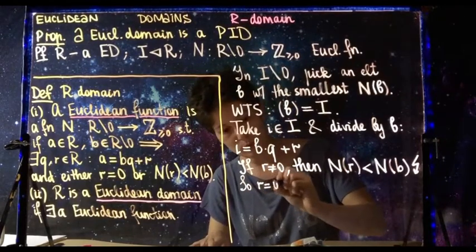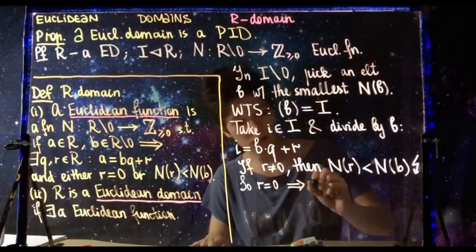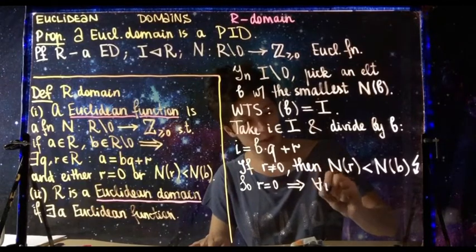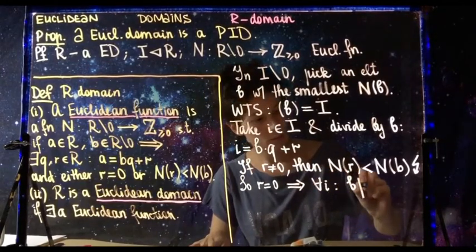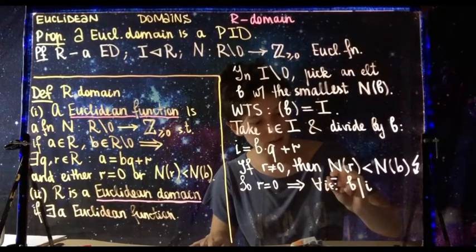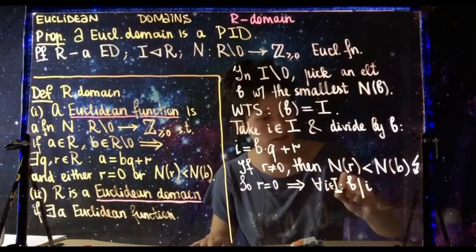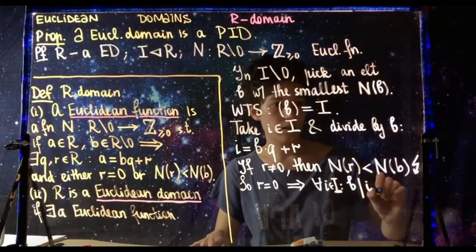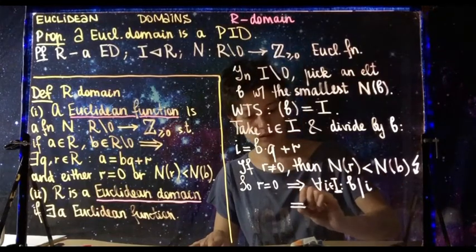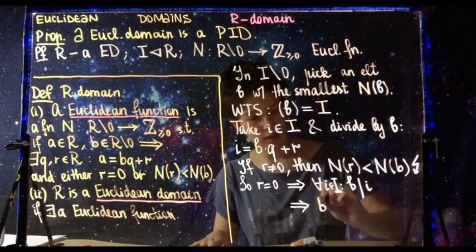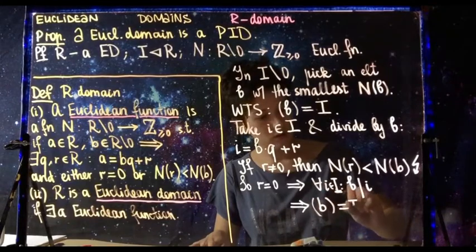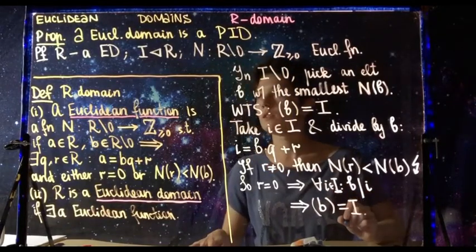So R is equal to 0, and so for any i in the ideal I, B divides i. And it means that the element B generates our ideal.